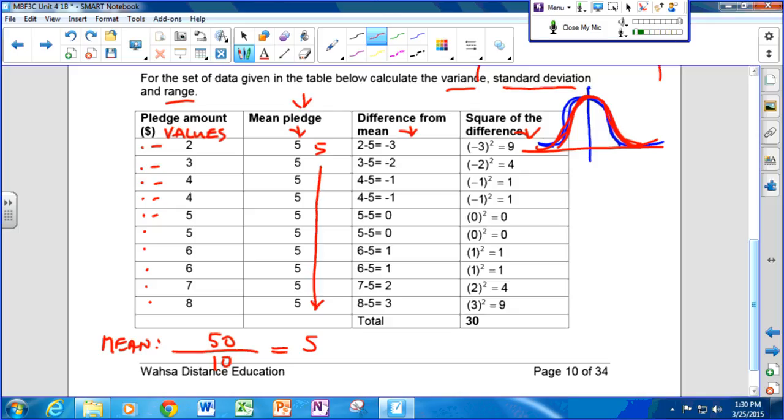In fact, once you know the mean, you can go right to calculating this column right here, which is the value minus the mean. What you're calculating there is the difference of each value from the mean.